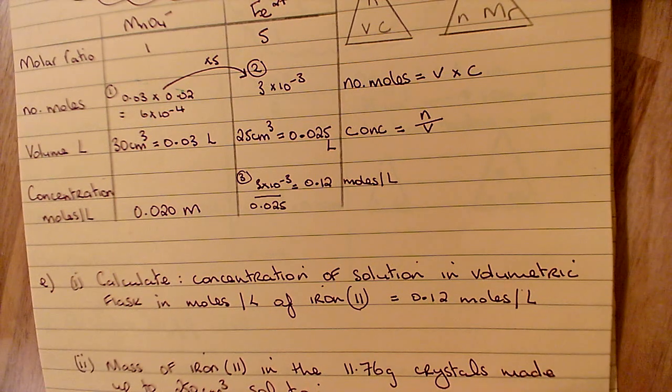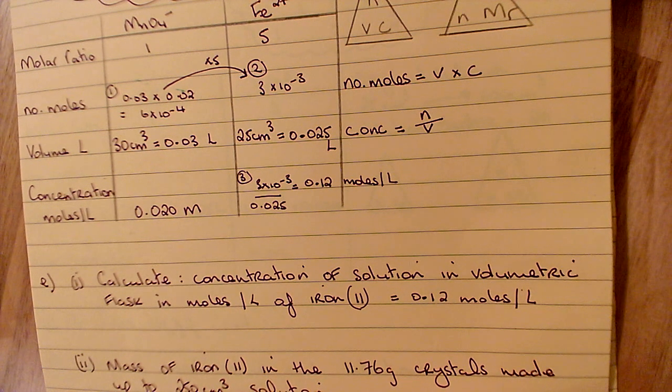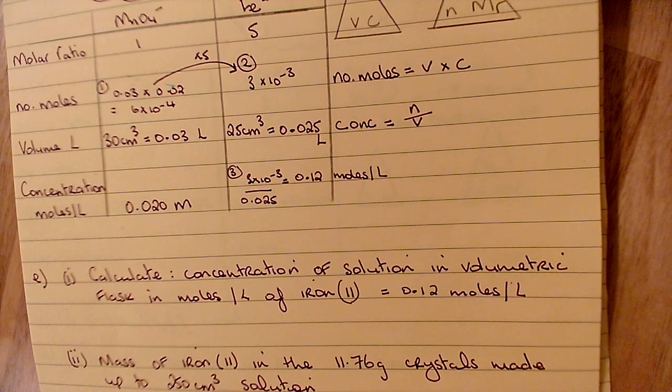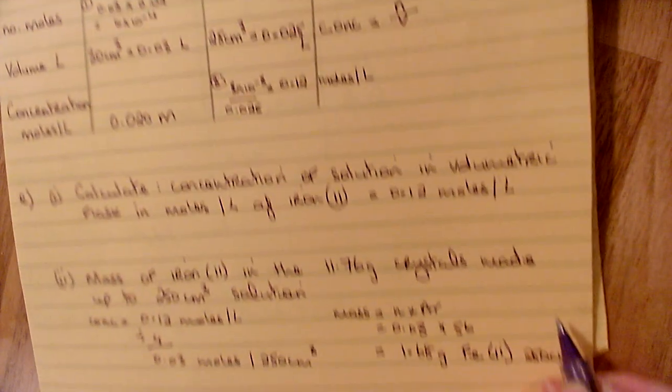So we are going to work out the mass, and that's going to be our number of moles times our relative atomic mass. So our number of moles is 0.03. Let's multiply that by 56, which is the relative atomic mass of iron, and we get that there's 1.68 grams of iron 2 plus in 250 centimetre cubed of solution. Let's write that in here.